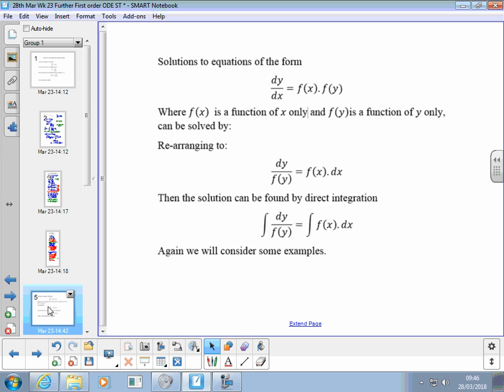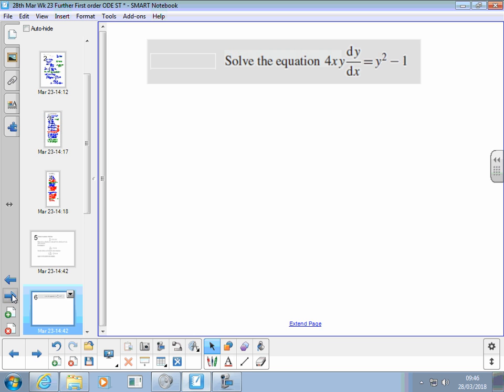We can solve these by rearranging to get all the y parts on one side and all the x parts on the other, and then integrating both sides. Again, we'll go through some examples together, see how we get on.